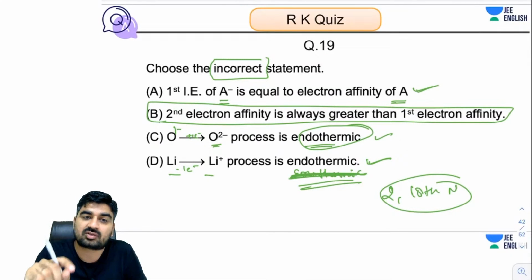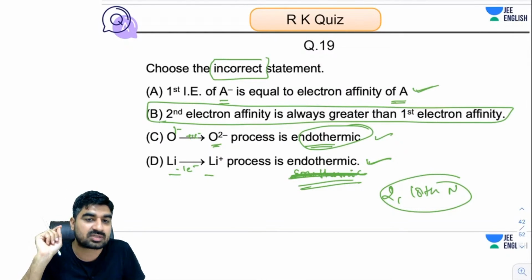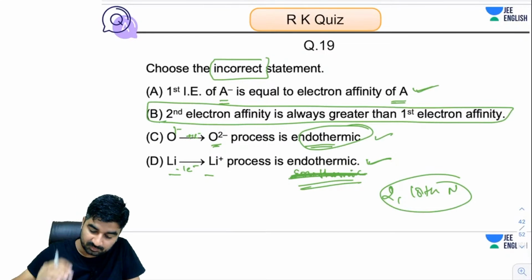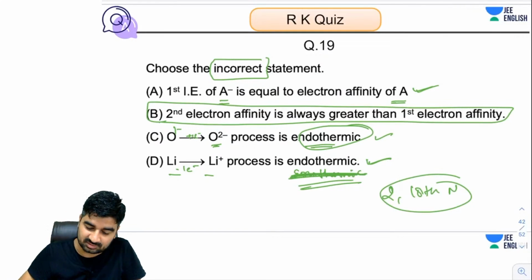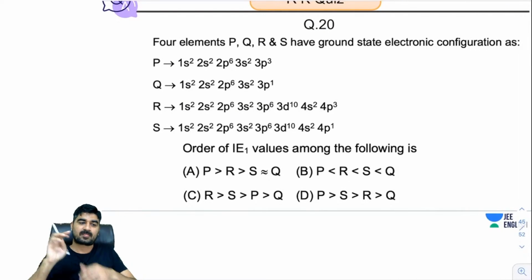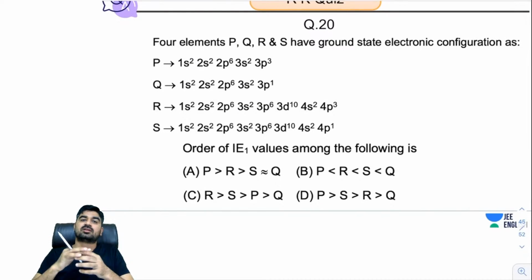But in case of electron affinity, we cannot say anything about the magnitude. So now the last question is on your screen, just solve it. Four elements P, Q, R and S have ground state configurations as.